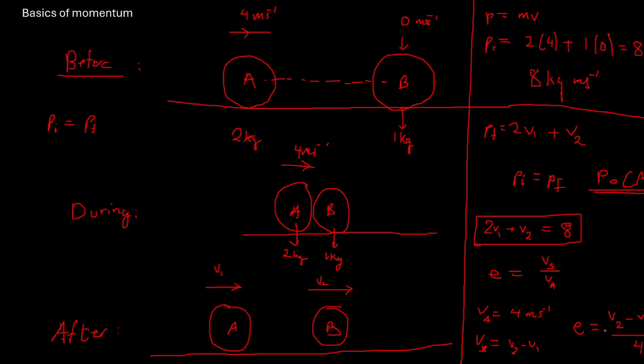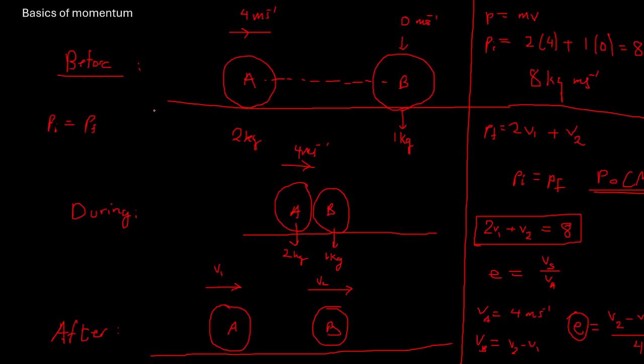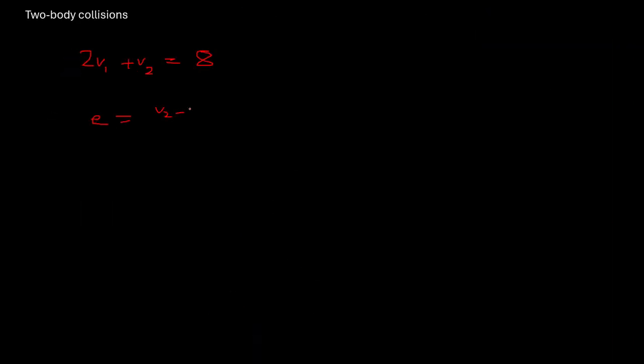Now, if they ever do give you your value of E, we would officially have a simultaneous equation for v2 and v1. So let's consider the possibility. Our first equation was 2v1 plus v2 equals to 8. Our second equation was E equals to v2 minus v1 over 4.